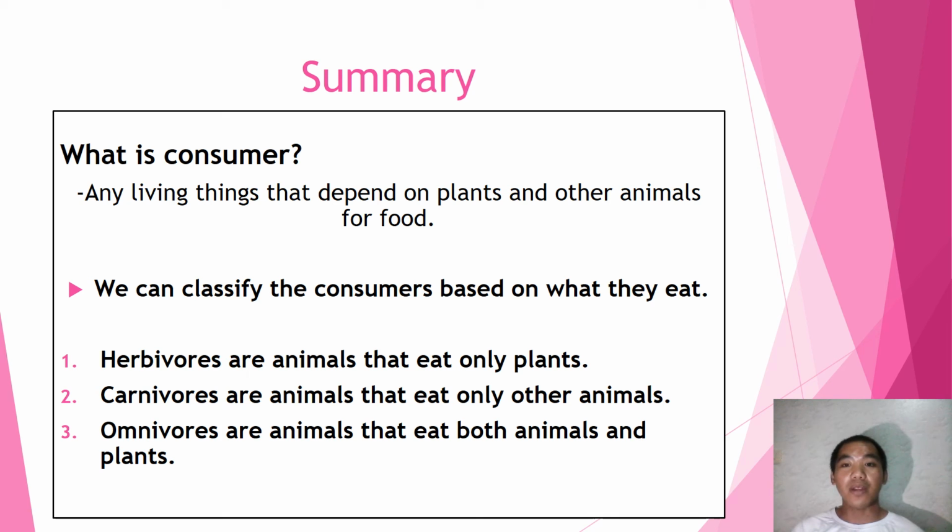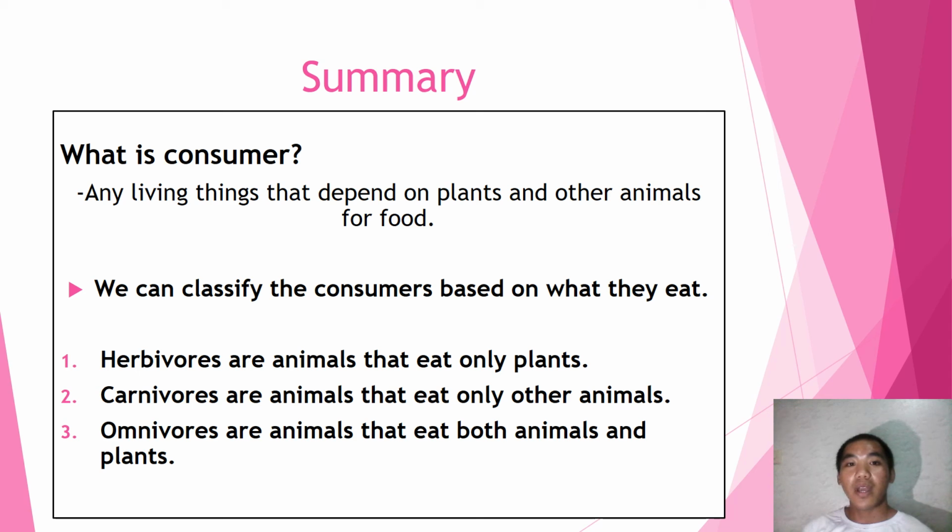Number three is omnivores. Omnivores are animals that eat both plants and animals. For example, a pig. A pig can eat an animal and a plant. Also, a chicken.